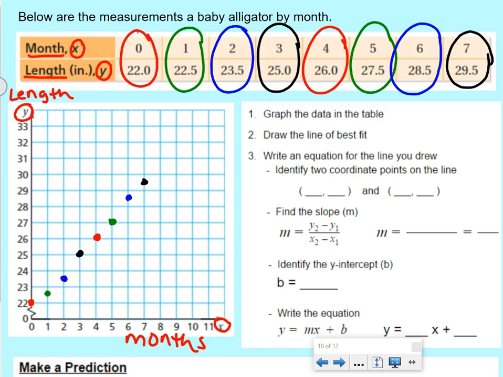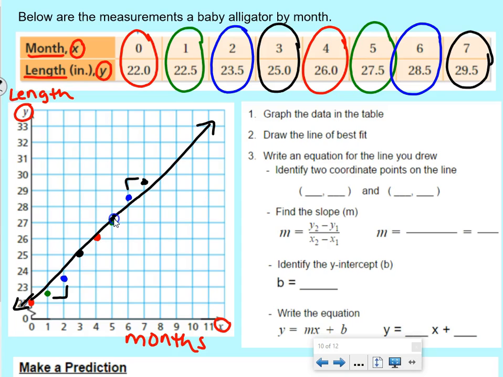If I draw a line that connects these 3 points, you can see there's this trend, this pattern that it's following. And there are 2 points that are below the line, and 2 points that are above the line. So the line goes right through the middle of the data. It's cutting the data in half.